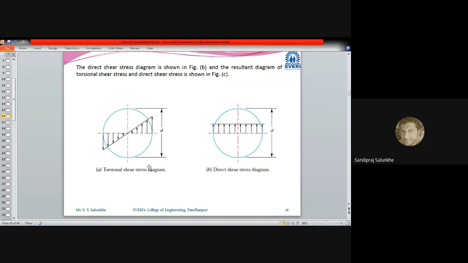How is it going to happen here? This torsional shear stress and direct shear stress will get combined together. Sushant Yadav asked which type of stresses will get developed. Now here, these two types of stresses will get developed.